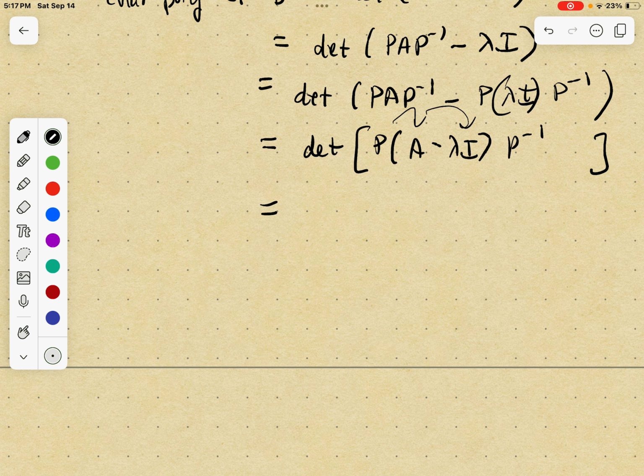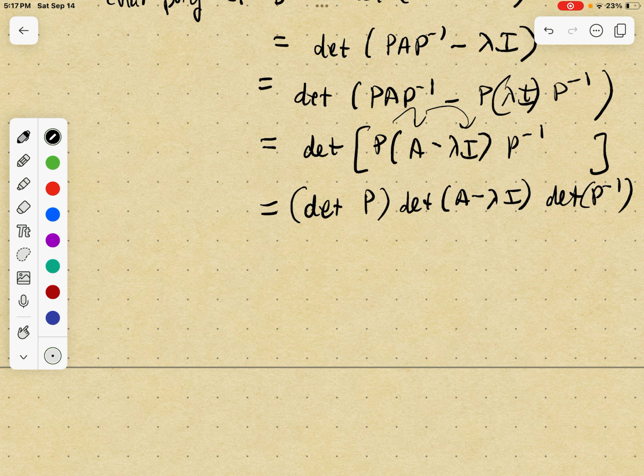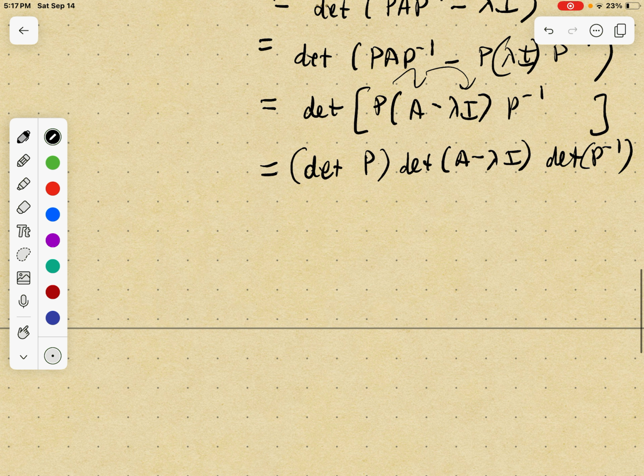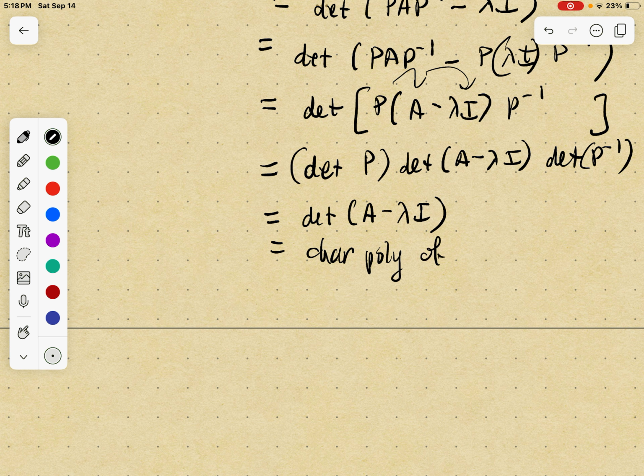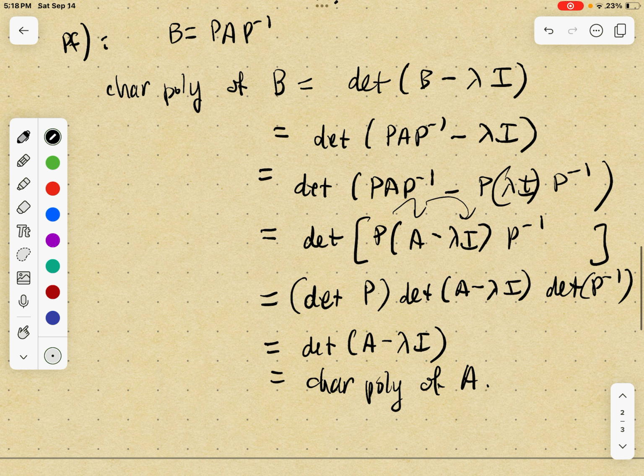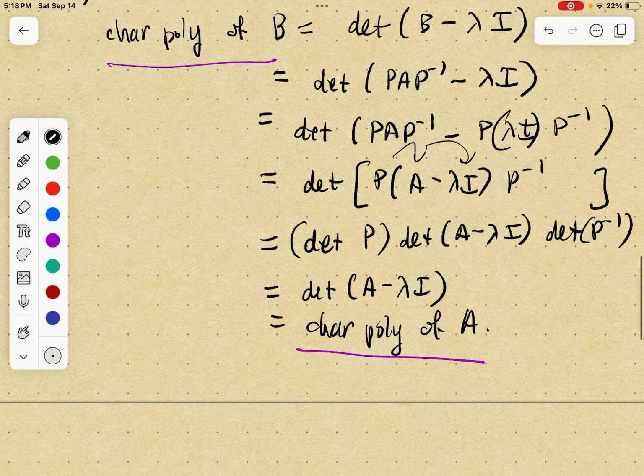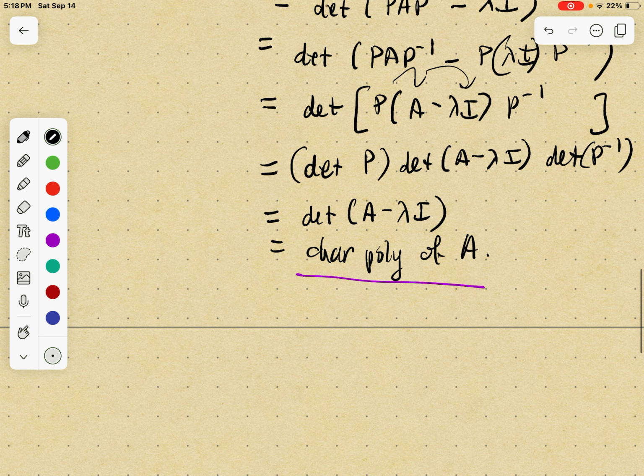Okay, and now by our facts, as we've seen before, this is the determinant of P times the determinant of the matrix A minus lambda I times the determinant of P inverse, and then the determinant of P times the determinant of P inverse is just 1, so this is the determinant of A minus lambda I, which is precisely the characteristic polynomial of A. So therefore, the characteristic polynomial of B is the same as the characteristic polynomial of A. And in particular, that shows that they have the same eigenvalues.